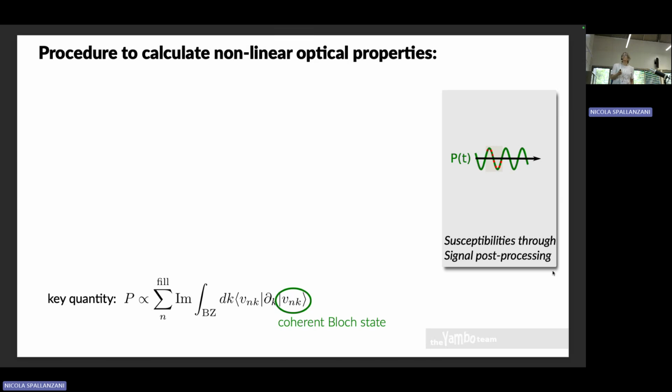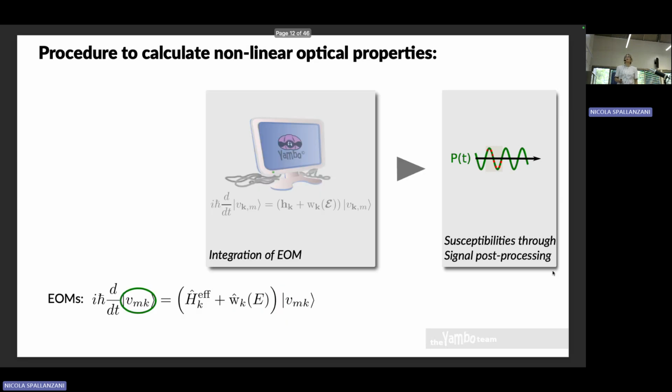So this is just a limitation of this theory. Okay, so now what is the procedure to calculate nonlinear optical properties? The key quantity we want to calculate is the polarization. For that, we need the coherent Bloch states.